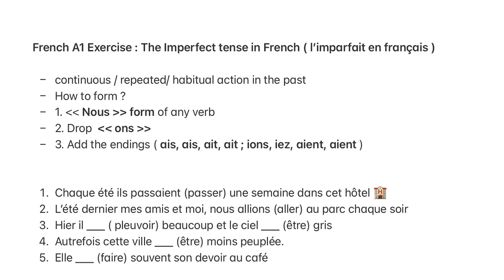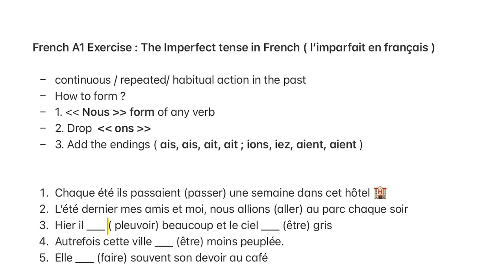Hier, il (pleuvoir) beaucoup et le ciel (être) gris. Let's focus on the first part of the sentence. Hier, il pleuvait beaucoup. The verb in the brackets is pleuvoir, which means to rain.